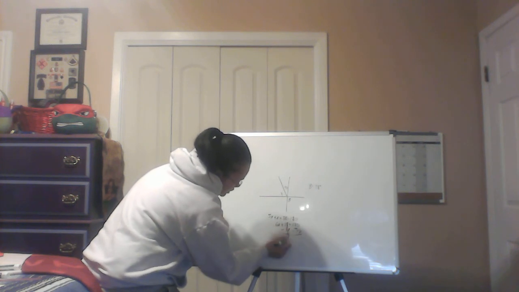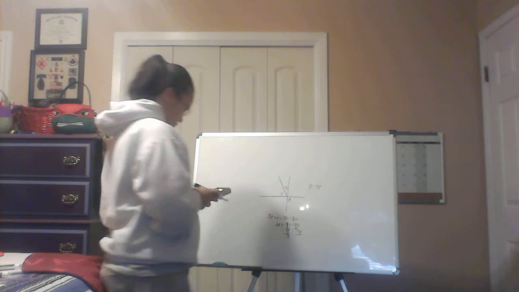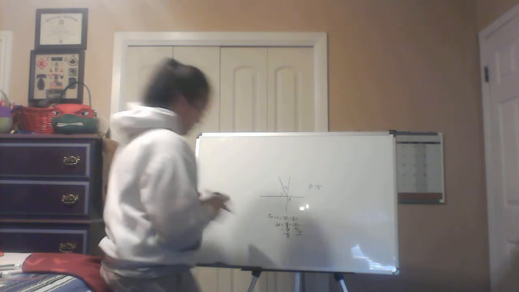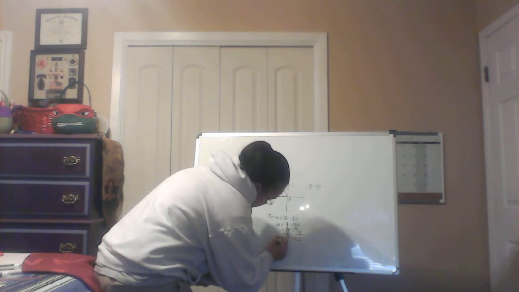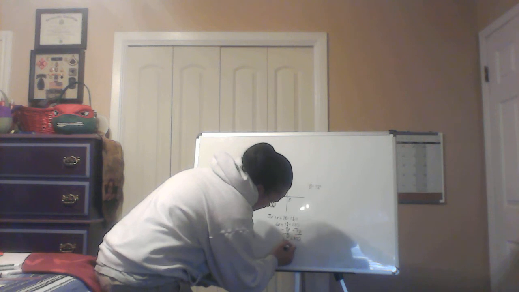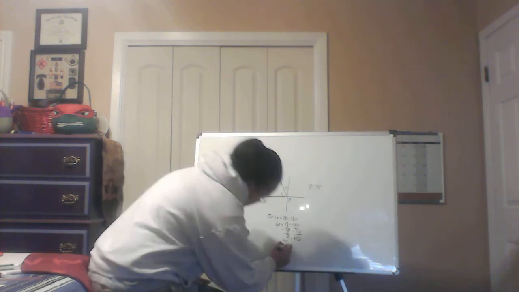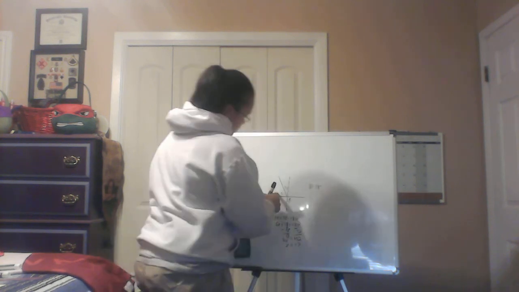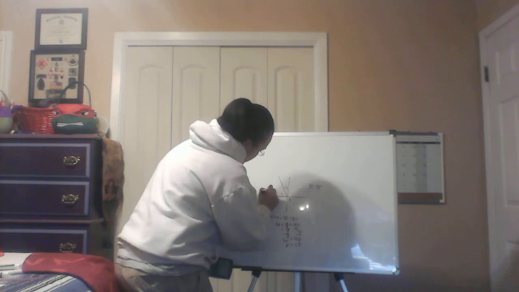Those will cancel right there. 180 minus 78 is 102, over 6x. X is 17. So see, now we know what that is. So the regular x is 17.